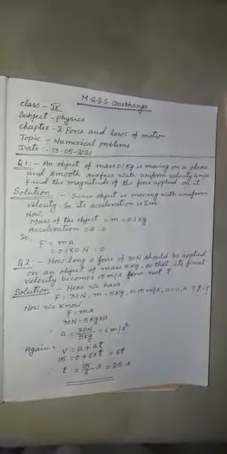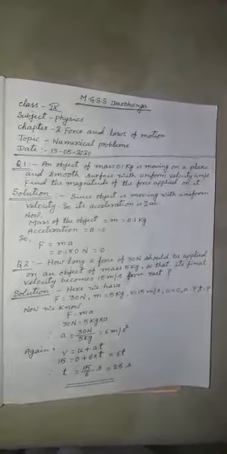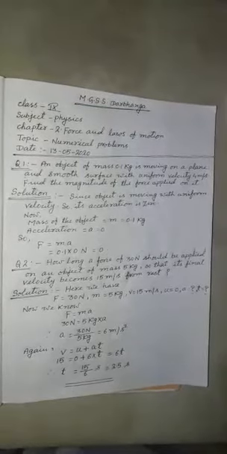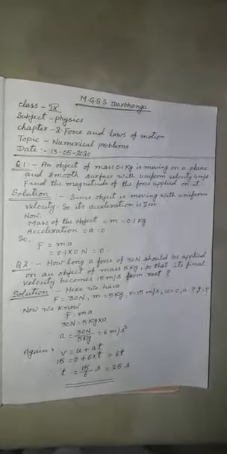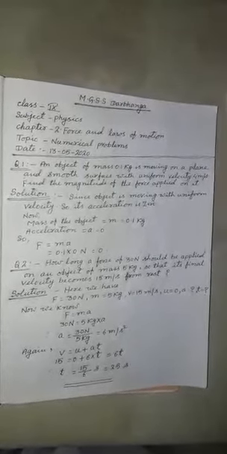Dear students, since the object is moving with uniform velocity, it means here velocity does not change. Therefore, its acceleration is zero. Object is moving with uniform velocity.